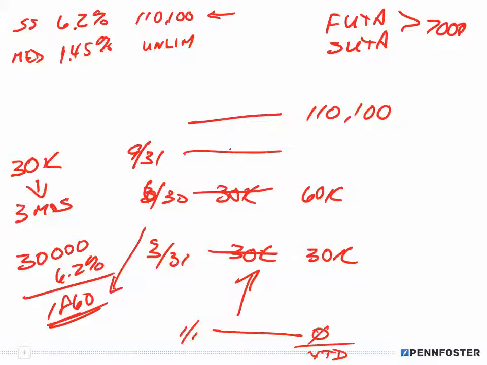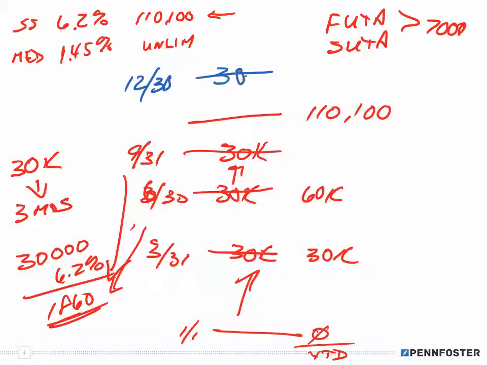September 30th, they're paid $30,000. Is this $30,000 still below the limit? Yes. So they're going to have the $1,860 deducted. Now, December 31st, they're being paid an additional $30,000.